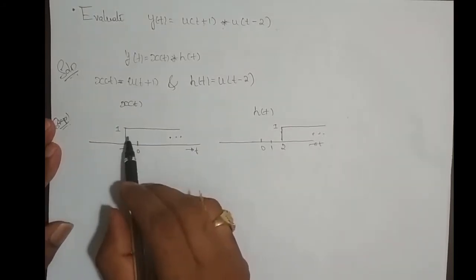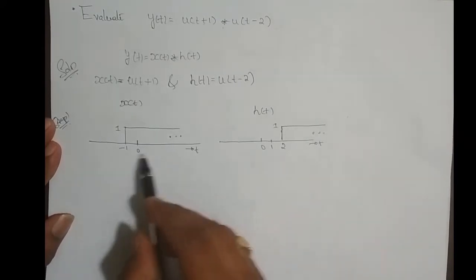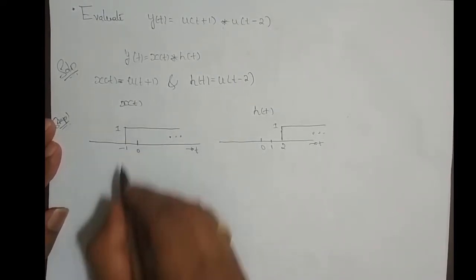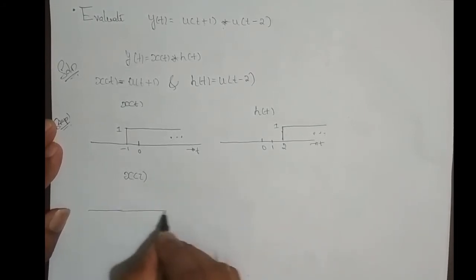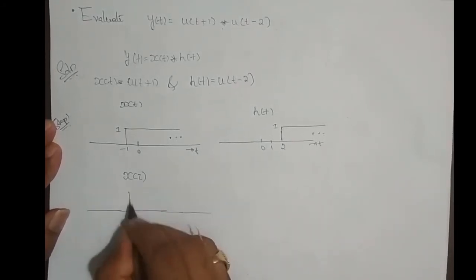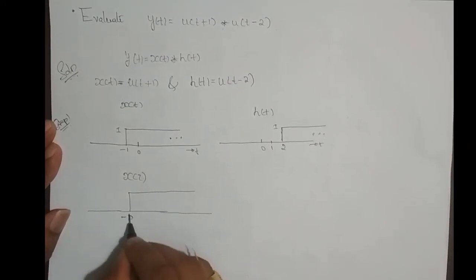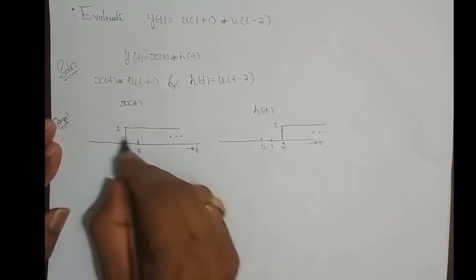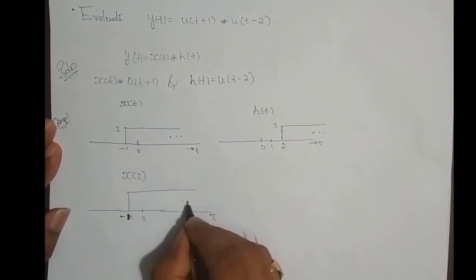What is the next thing? I have to bring the independent variable in the form of tau. So I have to get x of tau. It's nothing but just changing the independent variable. Sorry, this is minus 1. Same as this figure, but change the independent variable. This is tau, this is 0.